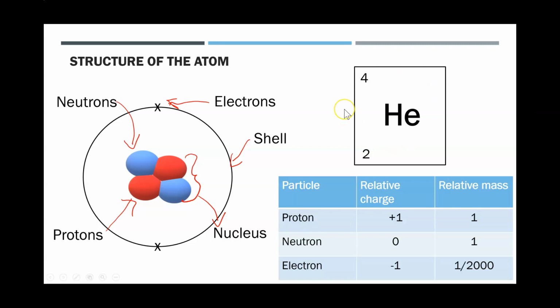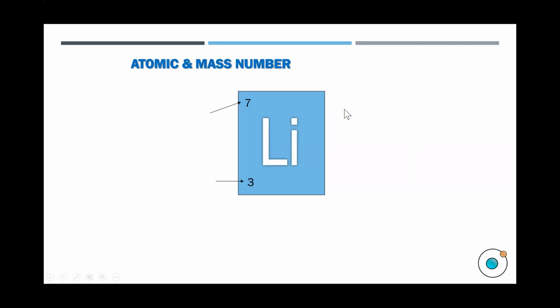Okay, so let's have a look at a different one. So we've got lithium here. This is our symbol for lithium. So this bottom number is our atomic number. And that means that lithium has 3 protons.